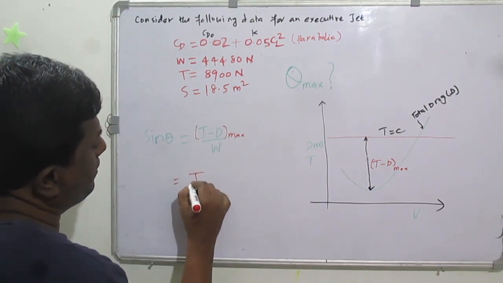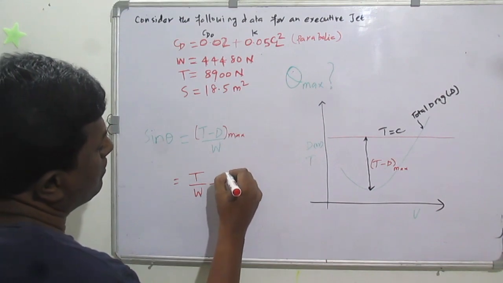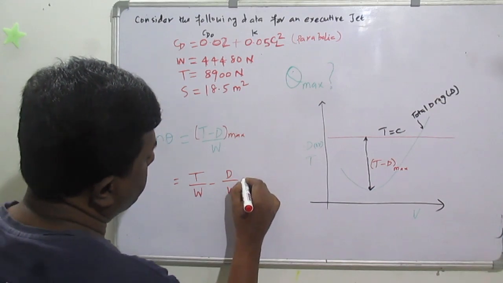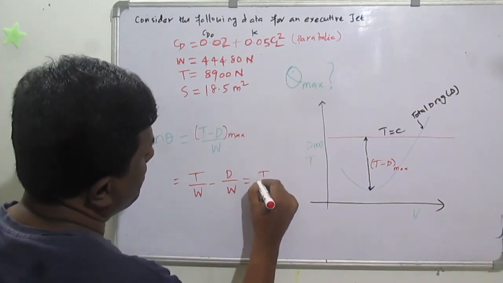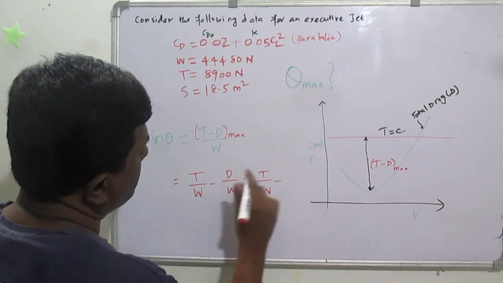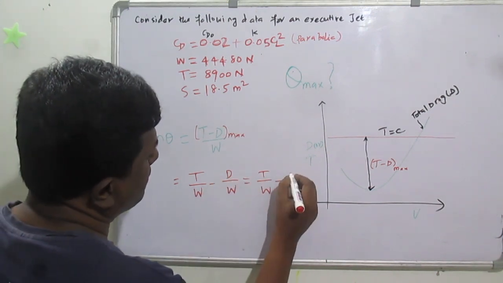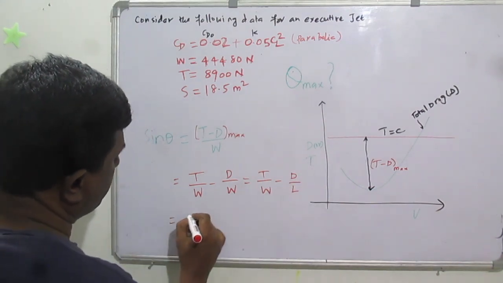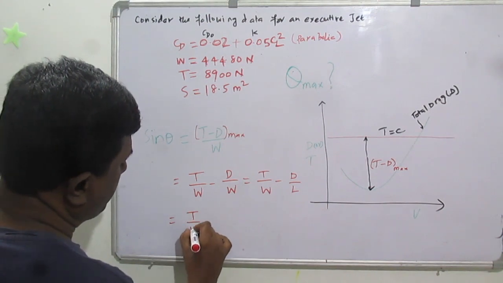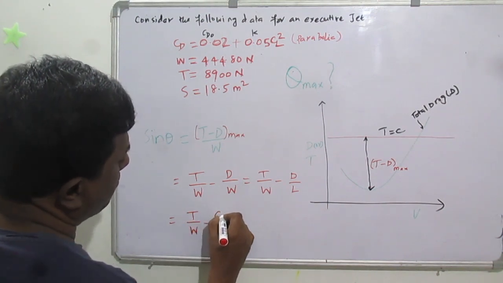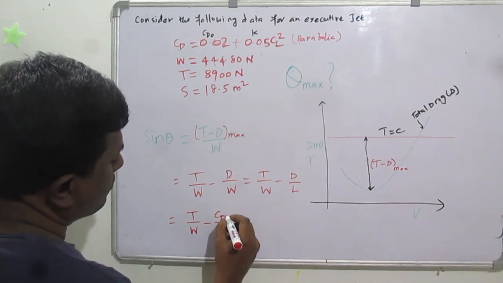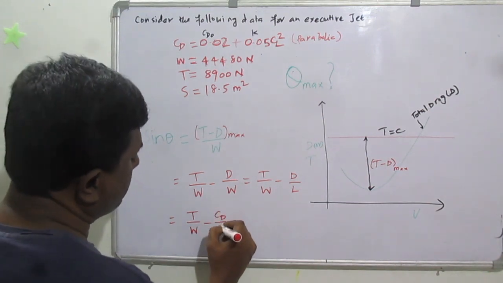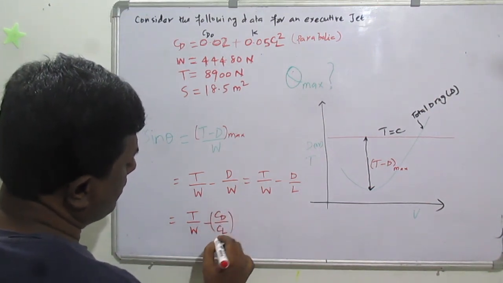It means T by W minus D by W. For steady level flight, we put D by L. So further it can be replaced with T by W minus CD by CL, in coefficient form. Now this has to be maximum, which means this value has to be minimum.